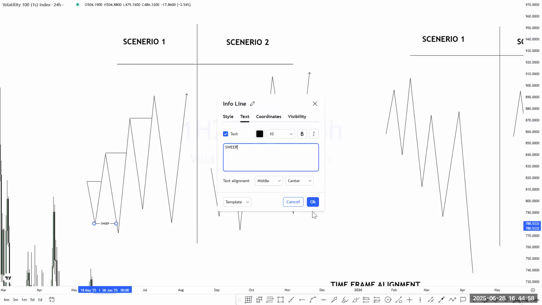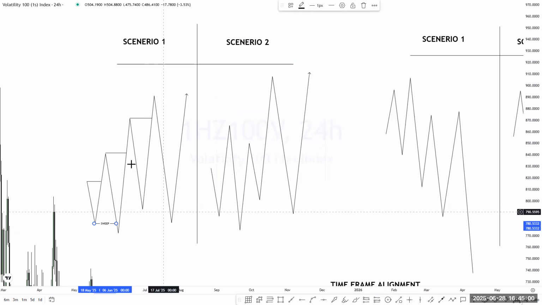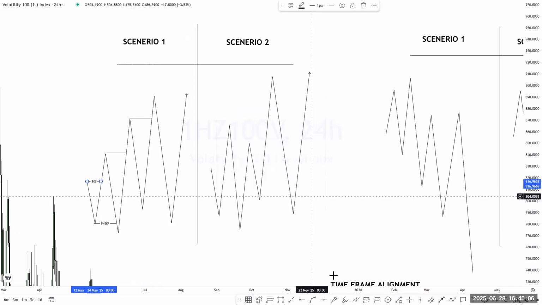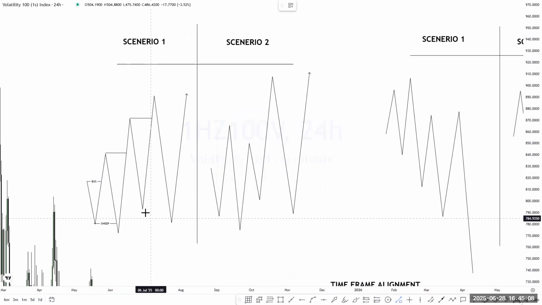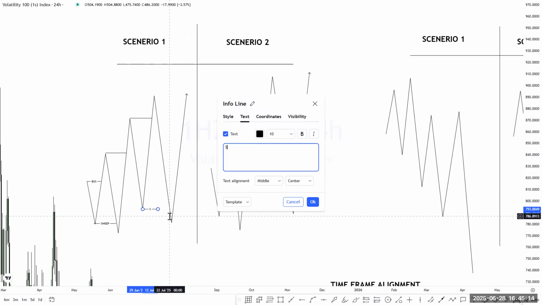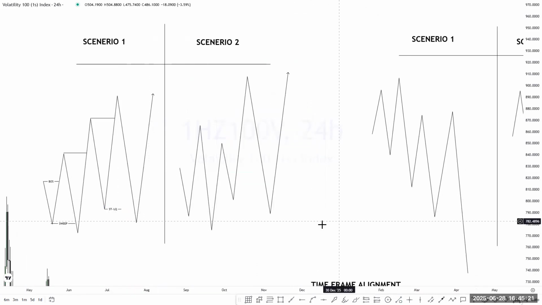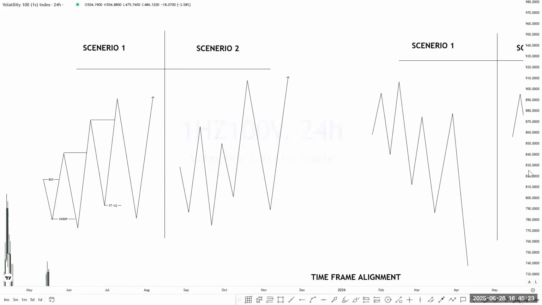You identify the break of structure, and you also identify the inducement, the structural liquidity.